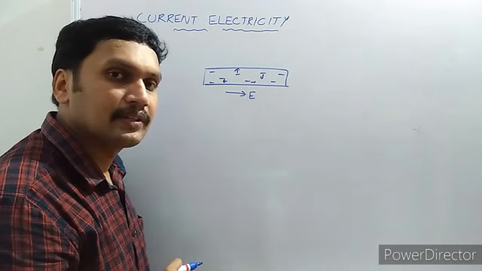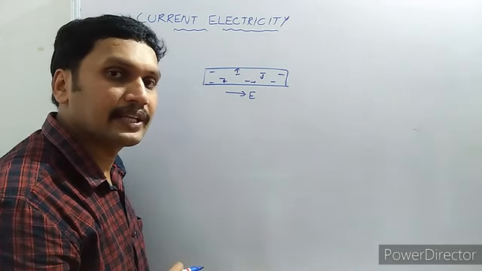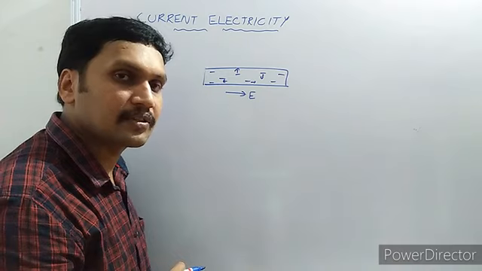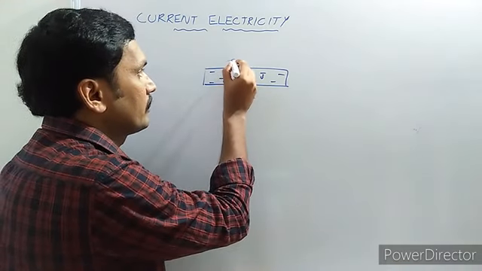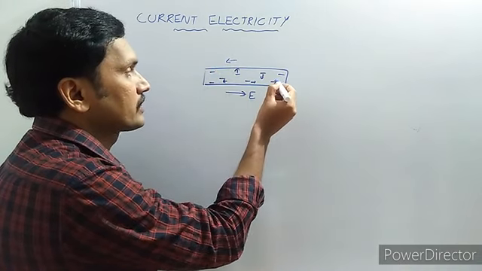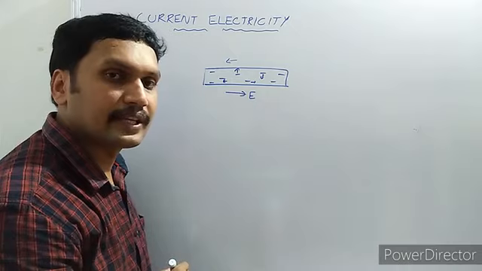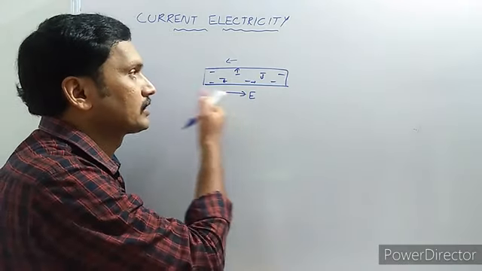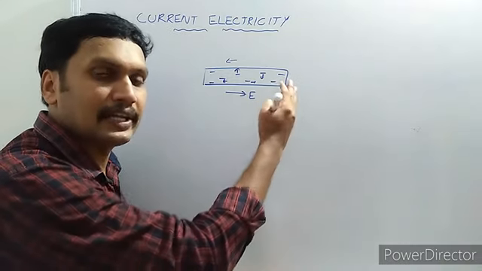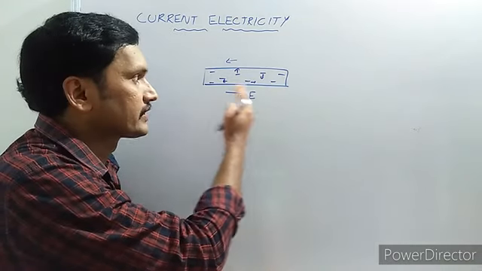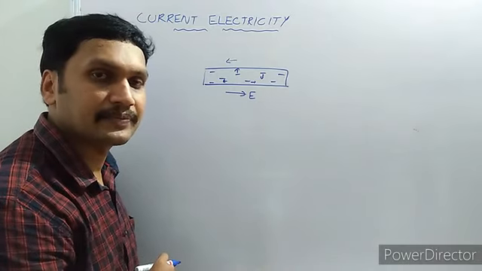So they get accelerated, and all the electrons move in the same direction, just opposite to the electric field. Now the direction of the electrons has changed. All electrons are trying to move in the same direction. Now we can say some current is flowing through that conductor. Under the external electric field, all the electrons start moving in the same direction, so we have an electric current in that conductor.